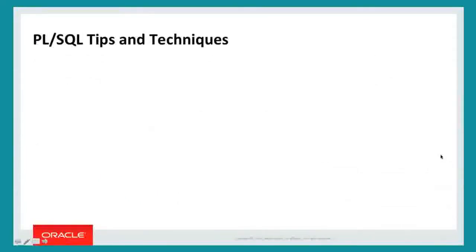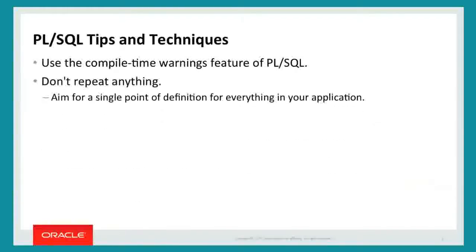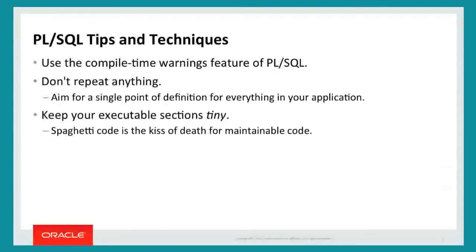Okay, so PLSQL tips and techniques that I want to share with you in this very short 1 hour. First, I'd like to make sure you know about the compile time warnings feature of PLSQL and start using it. Next, at a high level, talk about best practices along the core principle: don't repeat anything. Aim for a single point of definition for everything in your application. If you can do that, you'll be writing some pretty darn amazing code in whatever language you use.